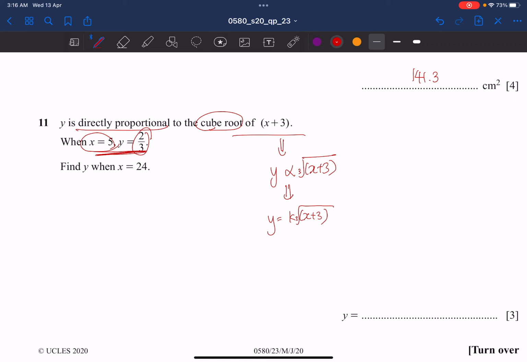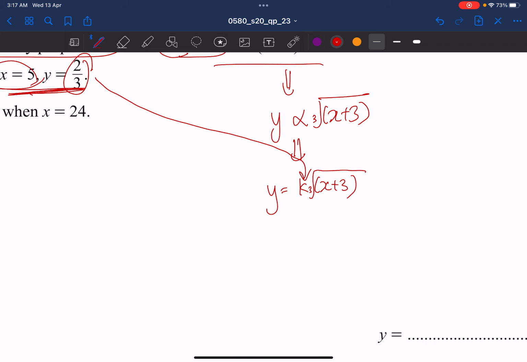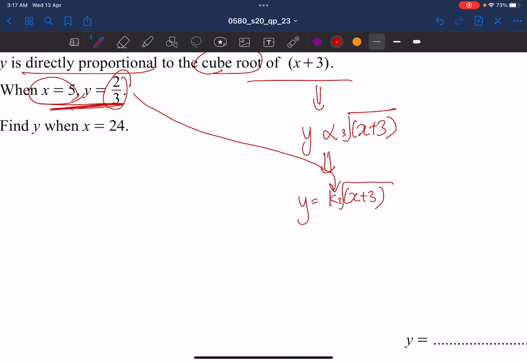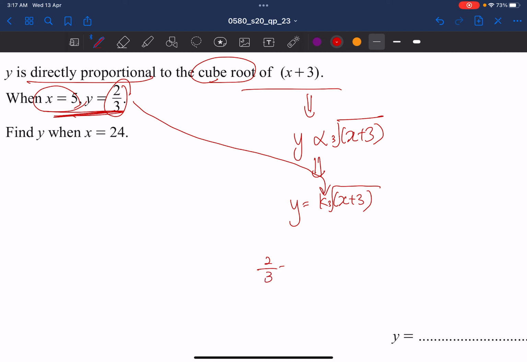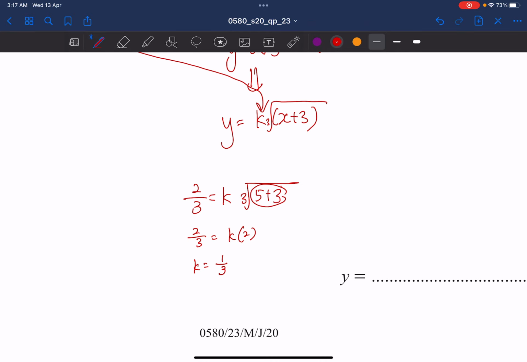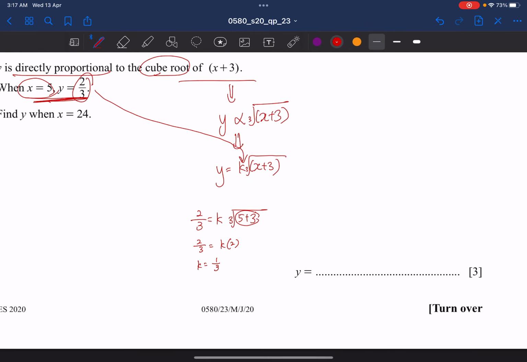This information is given to help us figure out what k is. So 2 over 3 equals k times the cube root of 5 plus 3. So this is 2 over 3 equals k times the cube root of 8. The cube root of 8 is 2. So k equals 1 over 3.